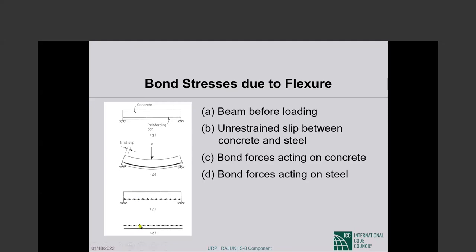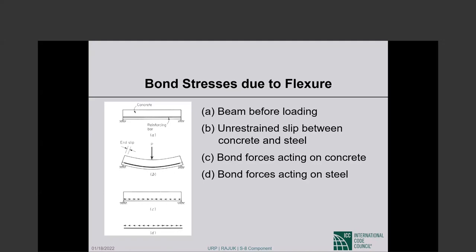Equal and opposite bond stresses act on the reinforcement. Those stresses are trying to stretch the reinforcement, trying to bring it out. So the bond stresses acting on the concrete are trying to bring the concrete portion in.